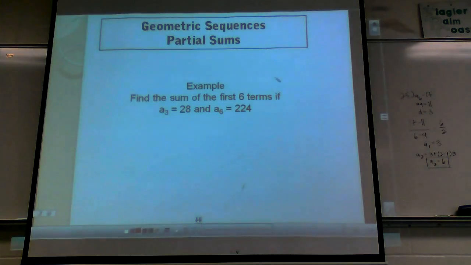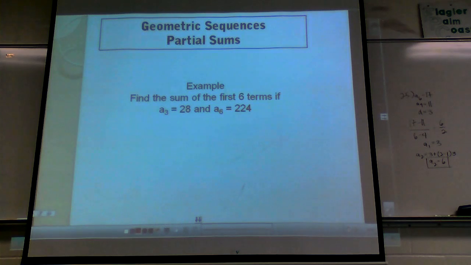All right, so this would be the first one I'm doing in terms of sums. This again would be a partial sum because I'm stopping at the sixth term. One this low, you could technically just work out what each term is, since it's only 6, and then add them together. You'd probably create more work for yourself doing it that way. So you should get quick at doing these. If I said find the sum of the first 20 terms, obviously you don't want to write out all 20 terms.